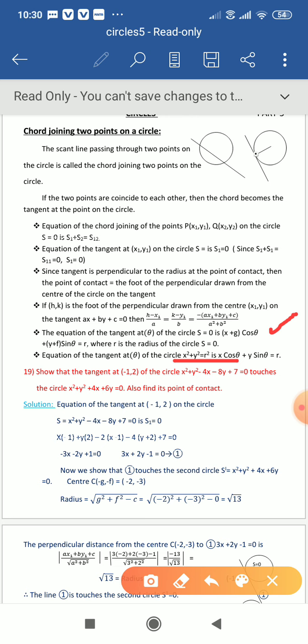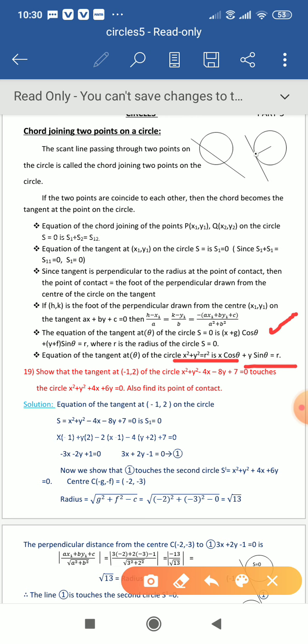So we have the equation of the tangent at theta as x cos theta + y sin theta = r. Now we have three formulas for the tangent equation: the slope form, the equation of the tangent at the point (x1, y1), and the equation of the tangent at the parametric point theta. Okay. Now we discuss a problem.